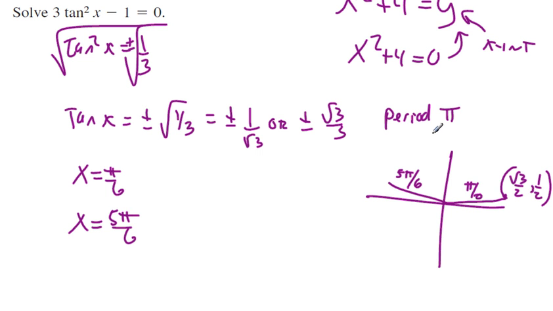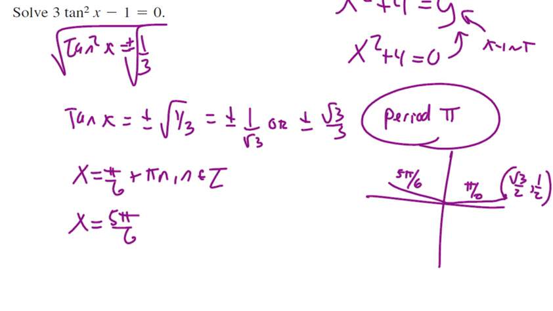Now, this is why it is important to say that it only has a period of pi, meaning all I'm going to add is pi n, where n is within the integers. Because if I'm at pi over 6, and if I add pi to that, won't I be just right here? That's going to be at 7 pi over 6.